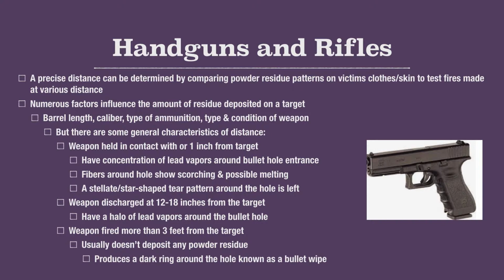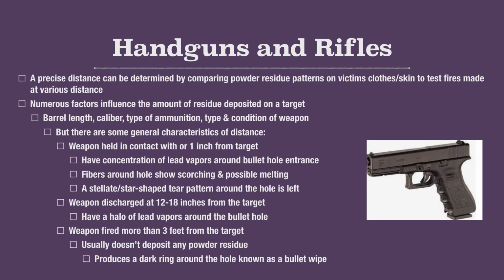But some of the general characteristics for distance are typically, if the weapon is held in contact or within an inch of the target, there is a concentration of lead vapors around the bullet hole entrance, and the fibers around the hole show scorching and possible melting. And there also tends to be a satellite or star-shaped tear pattern around the hole that's left behind as the bullet enters.